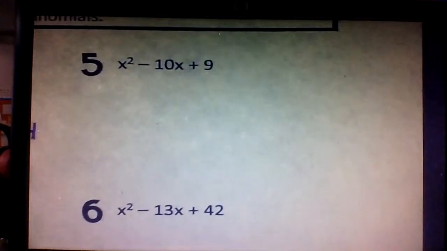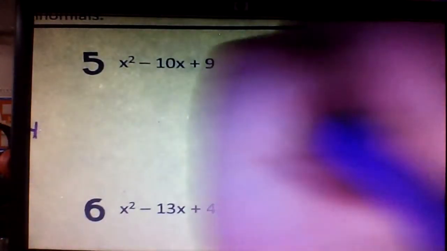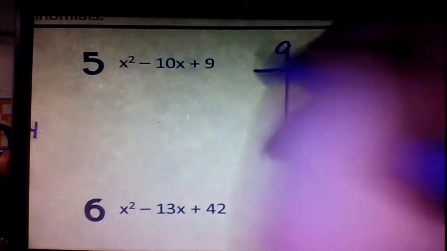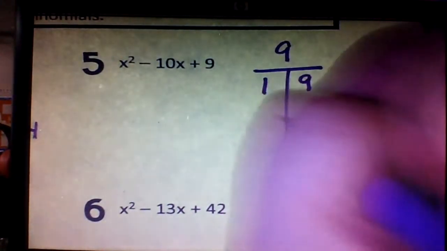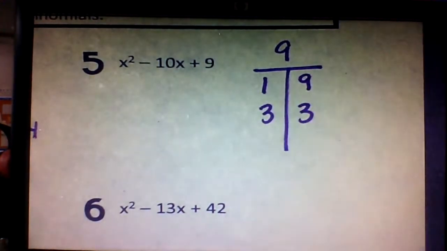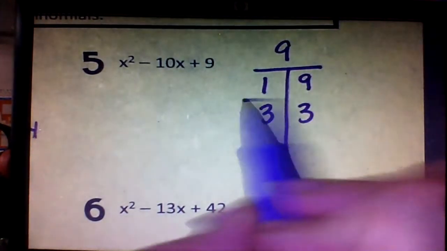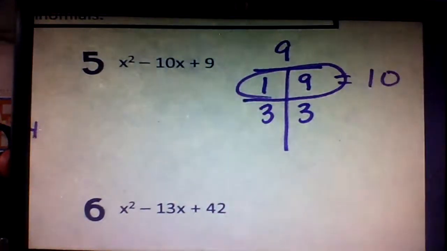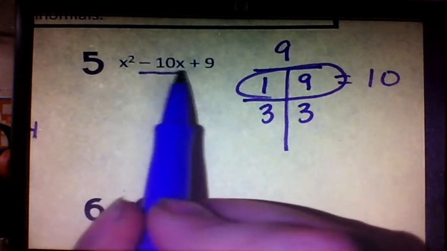Factors of 9: 1 and 9, 3 and 3. So, Huso said 1 and 9, 3 and 3, and he said it's going to be 1 and 9. But look at my middle term. It's negative.